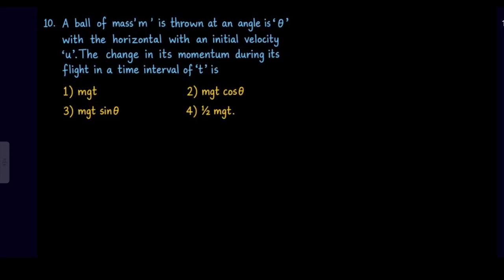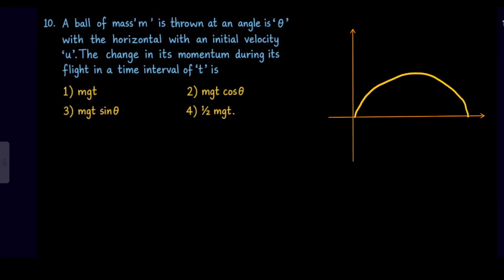A body is thrown at an angle theta with the horizontal with the initial velocity u. Find the change in its momentum during its flight, meaning the time of flight, in a time interval of t. This is a projectile situation. When the body is projected, it reaches here.